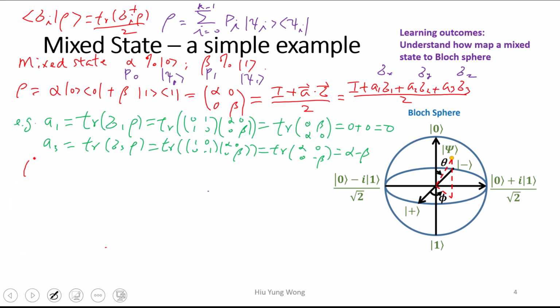Because of this, rho, equal to alpha 0 0 beta, is also equal to (I plus (alpha minus beta) times sigma z, which is sigma 3) divided by 2. So I decomposed it into a linear combination of the identity matrix and the sigma z matrix.